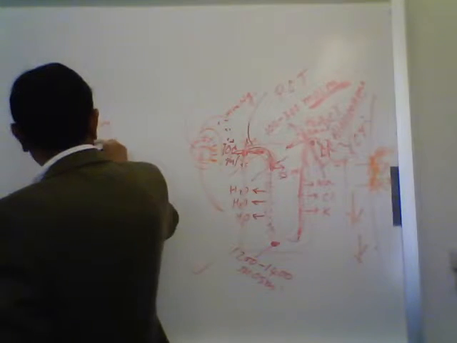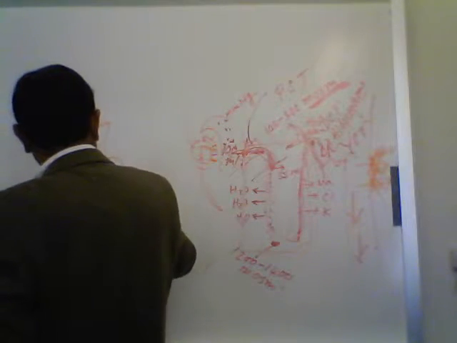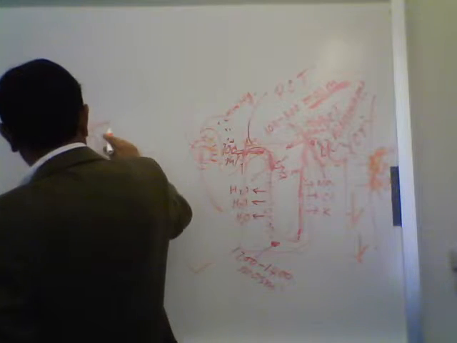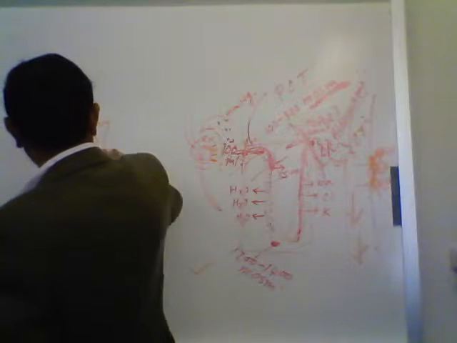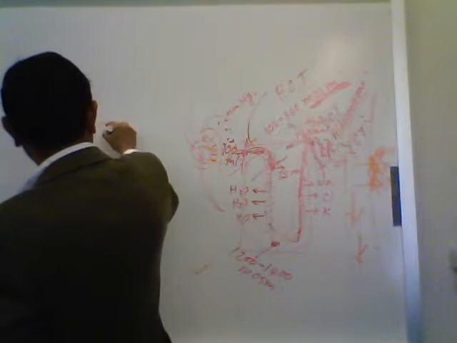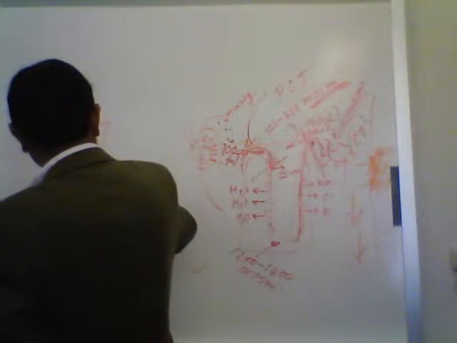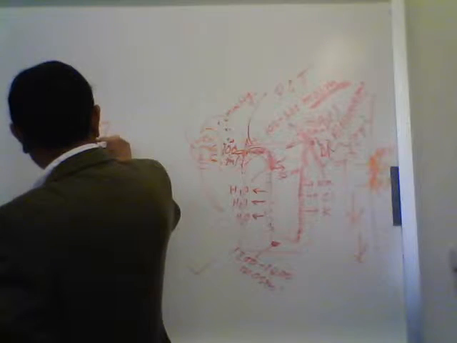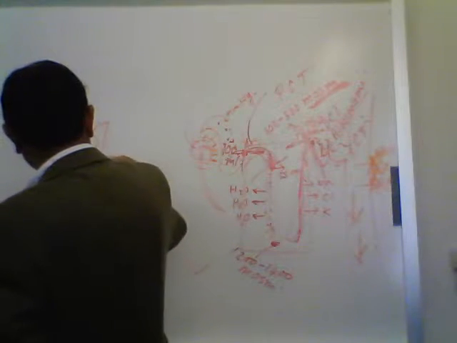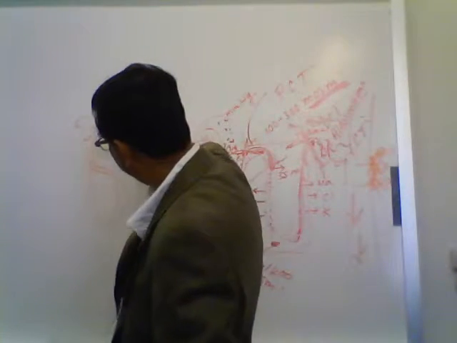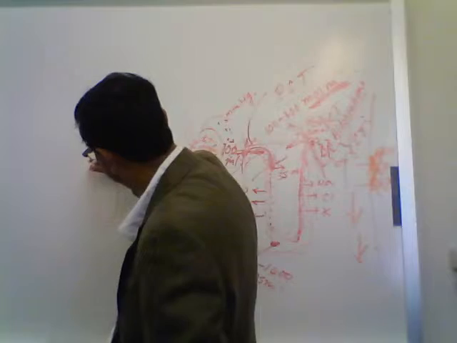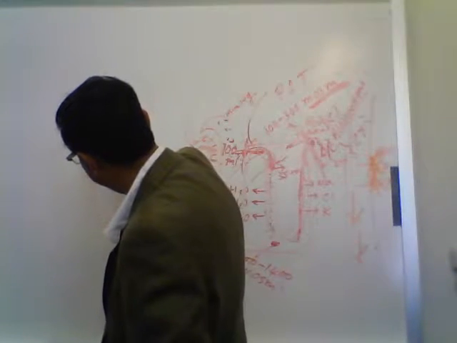This is the nephron, very much squeezed like this. Let me draw again. So see here, this is the proximal convoluted tubule, loop of Henle, right? And distal convoluted tubule is here.